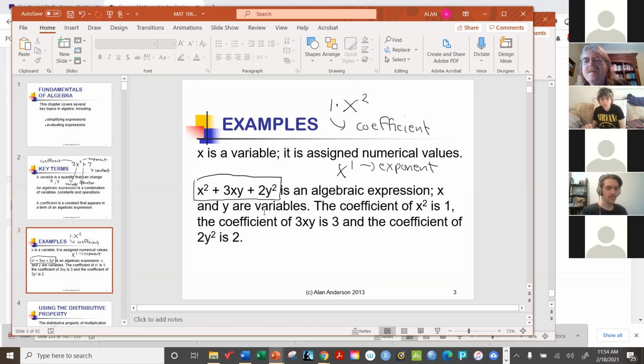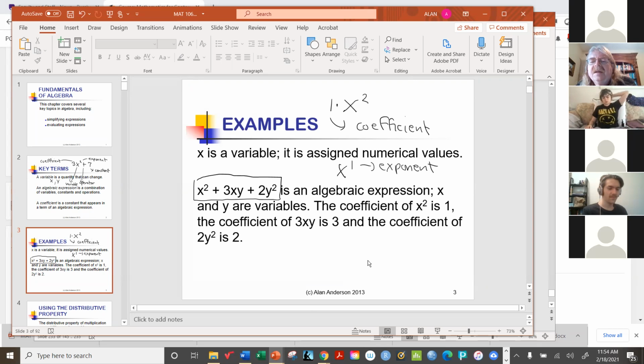Okay, now, in about a minute, we're going to reintroduce an old friend of ours. And that friend is the distributive property, specifically the distributive property of multiplication over addition.